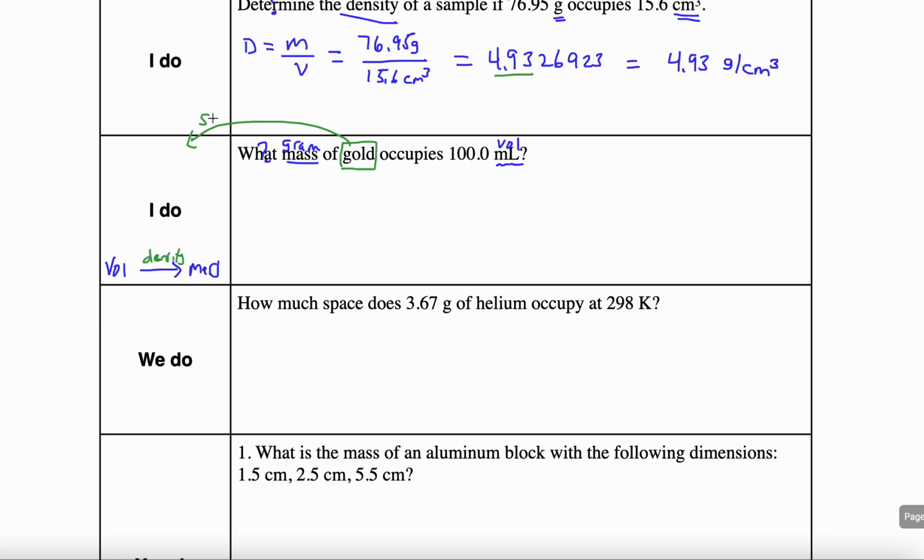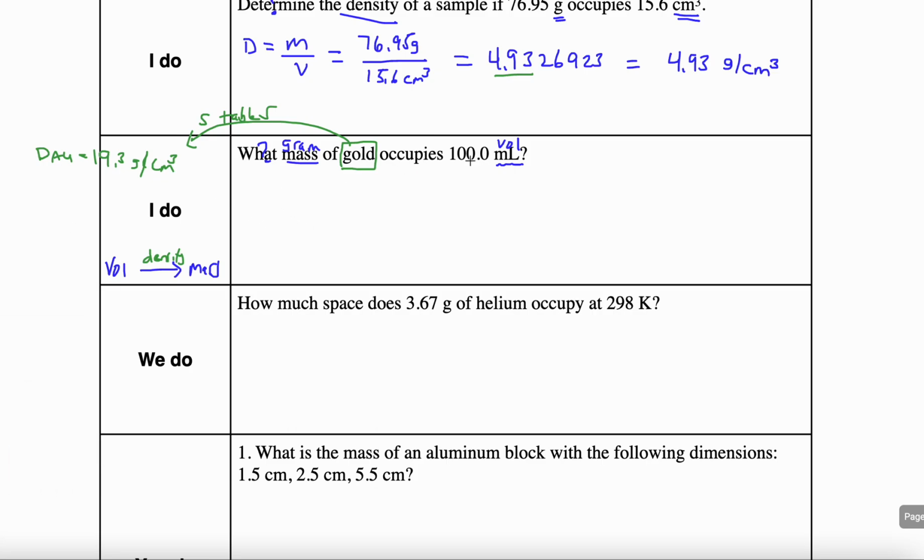You will find the density listed on Table S. When you go to your Table S, the density of gold is written as 19.3 grams per centimeters cubed. So now we have enough information that we can start this process.